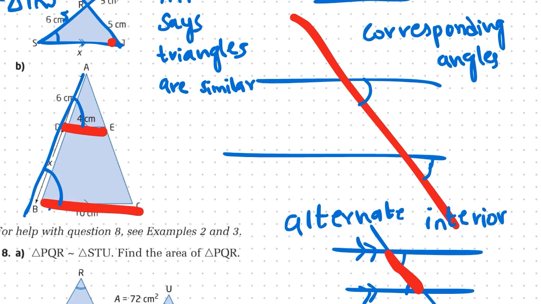Similarly, what can you say about the other side? Which two angles will be equal? Those angles are called corresponding angles.